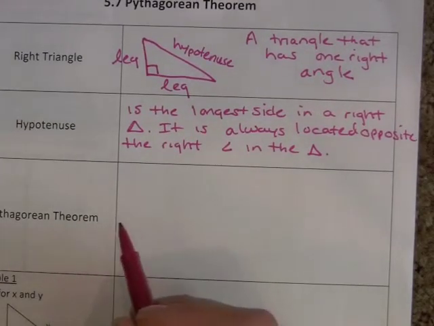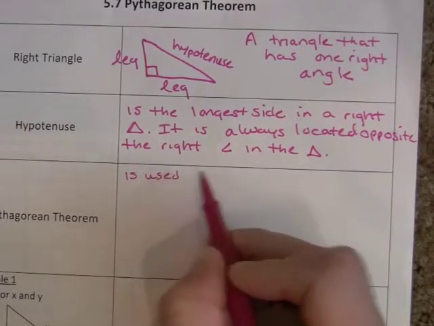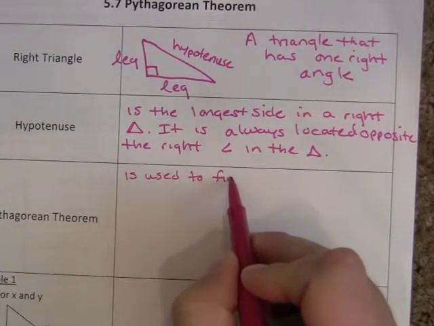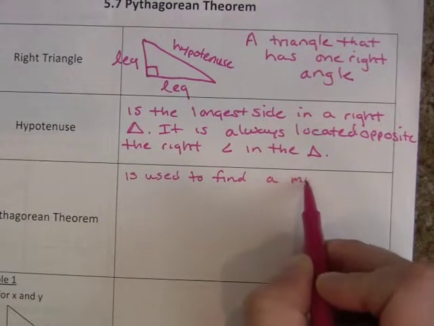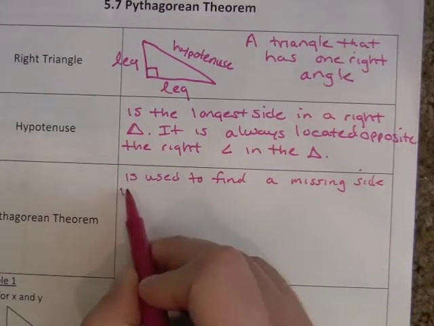The Pythagorean theorem is used to find a missing side in a right triangle.